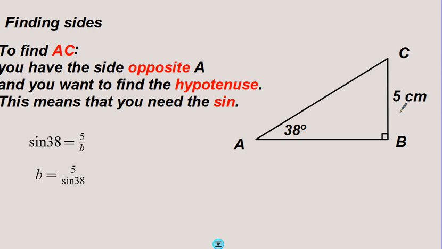We have the opposite to 38, and we want to find the hypotenuse. The ratio that combines the opposite and the hypotenuse is the sine.